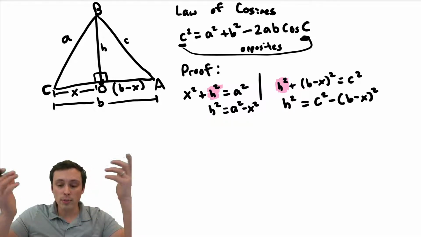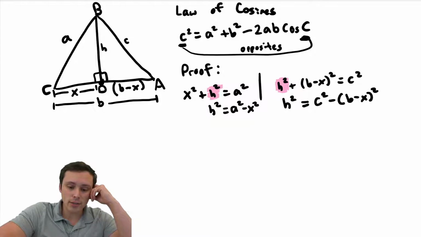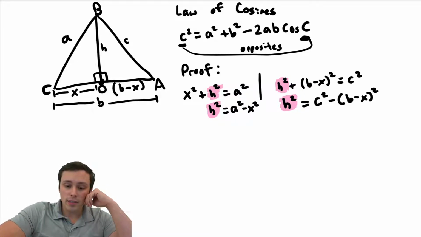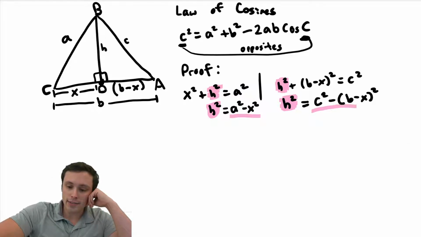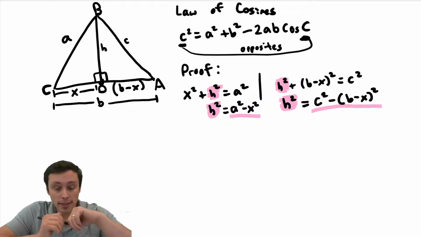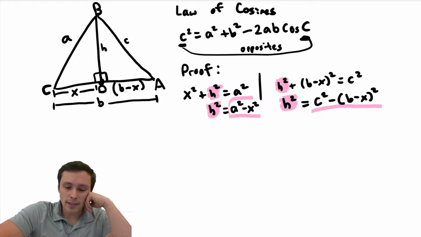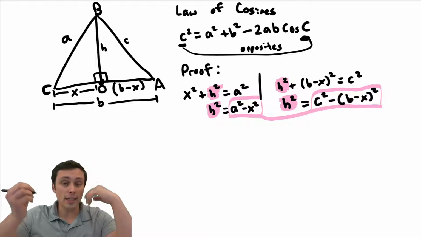Okay, so what do we do with this? Well, both of them were equal to h squared, right? We have the h squared here, and we have the h squared here. Notice that the h squared on the left is equal to a squared minus x squared, and the h squared on the right is equal to c squared minus b minus x squared. That means that these two things are equal to each other because they're both equal to h squared.